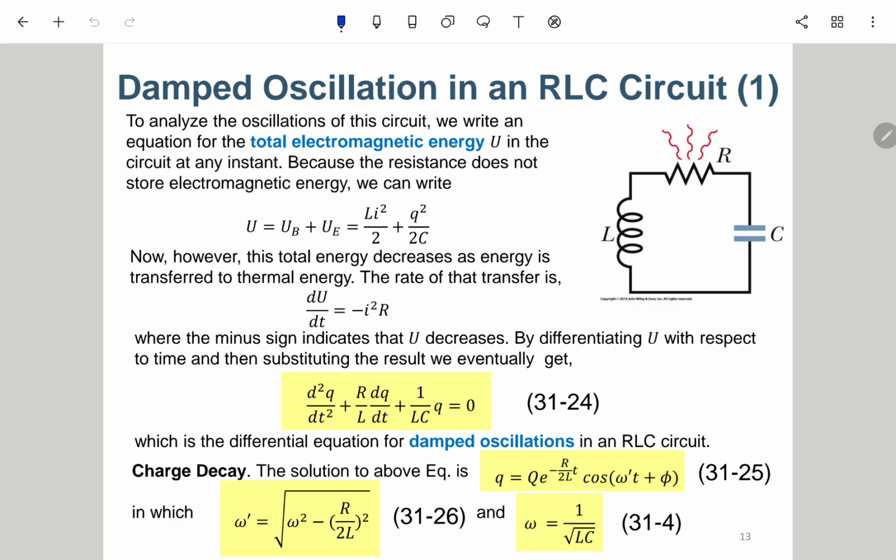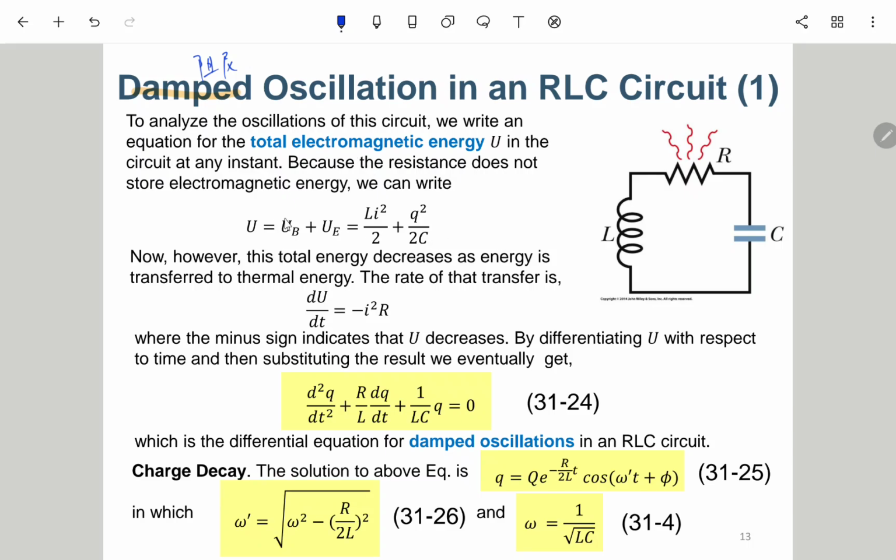Then here we would like to talk about the damped oscillation. Yeah, so here the textbook also uses the power method, or I should say the energy method.